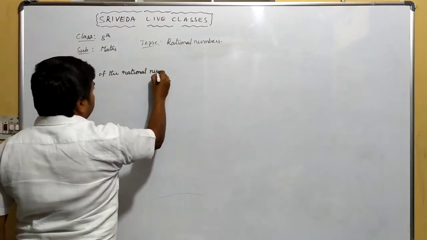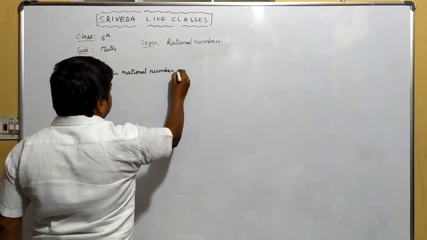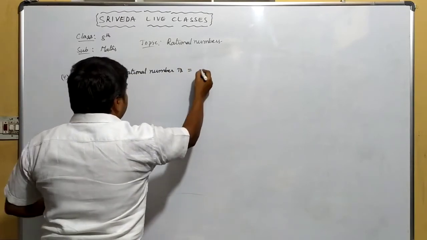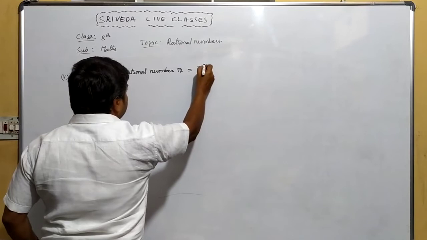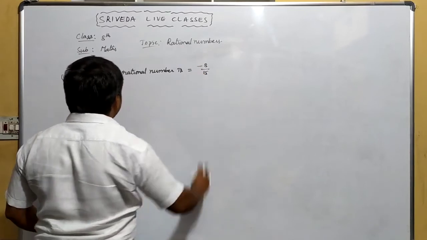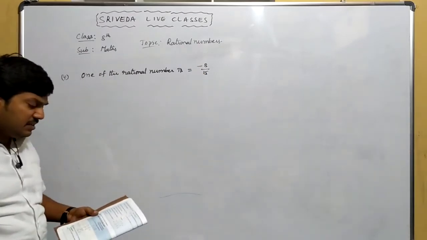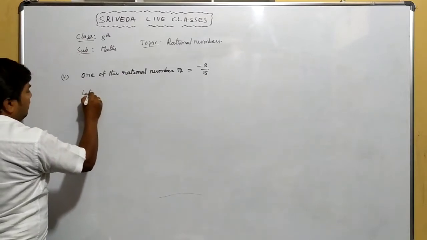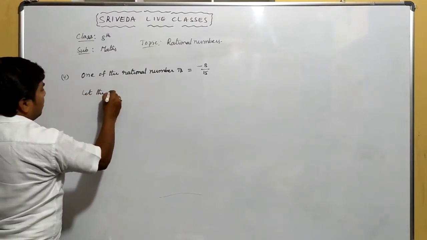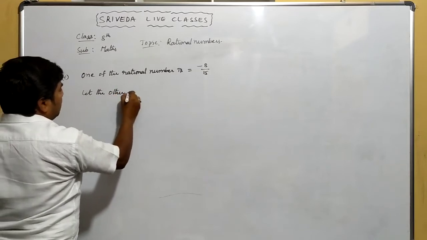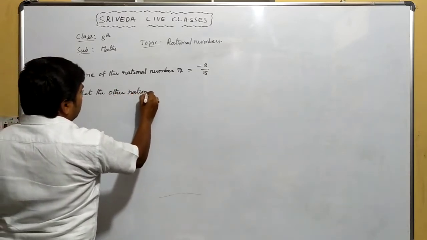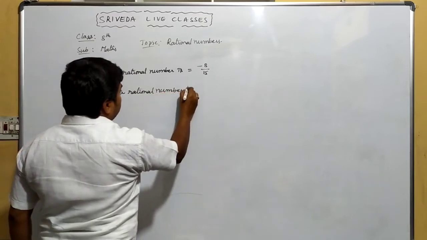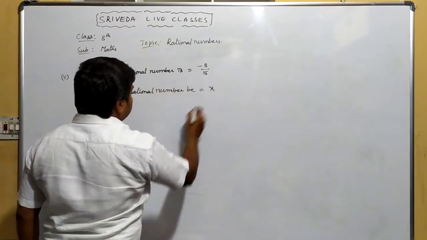One of the rational numbers is minus 8 by 15. Let the other rational number be x.